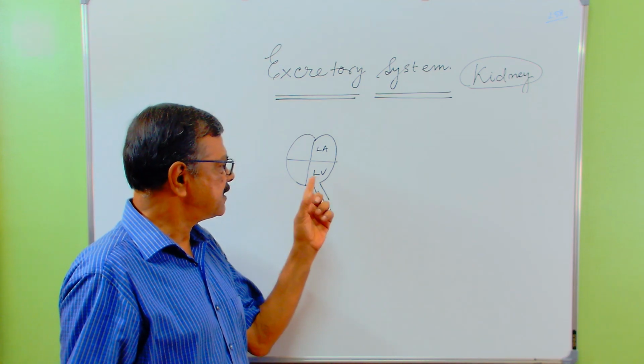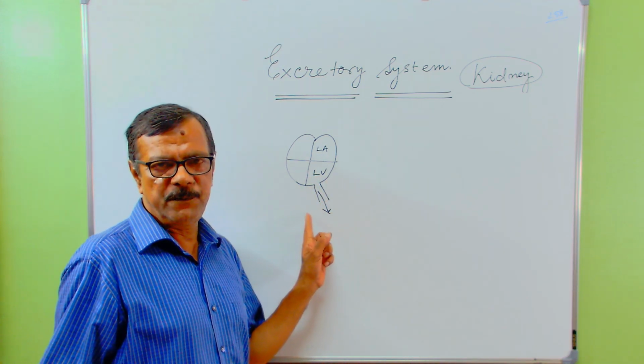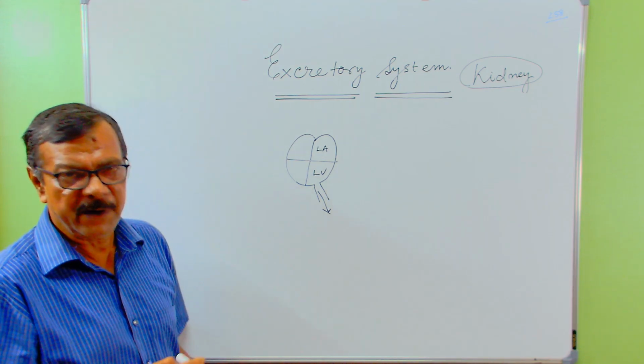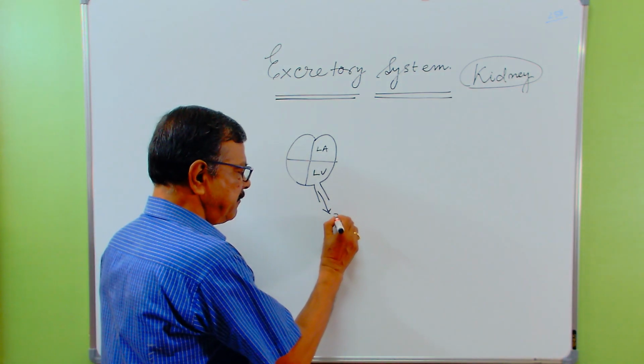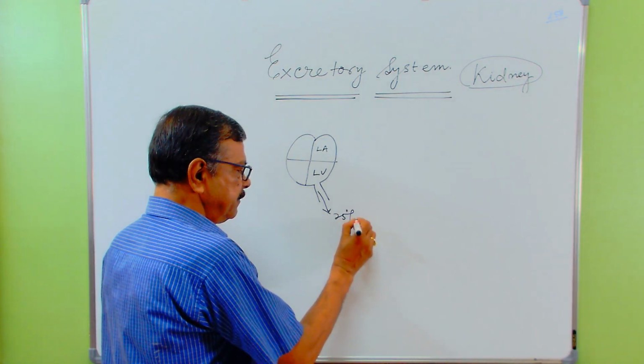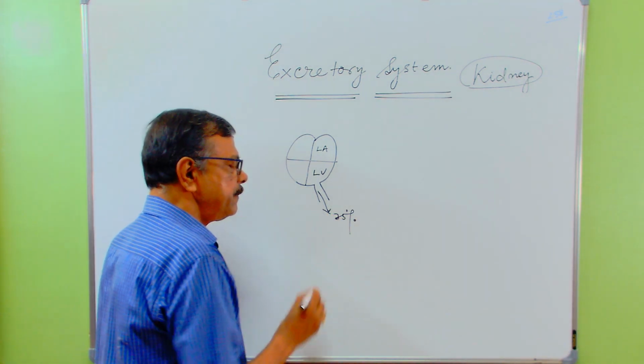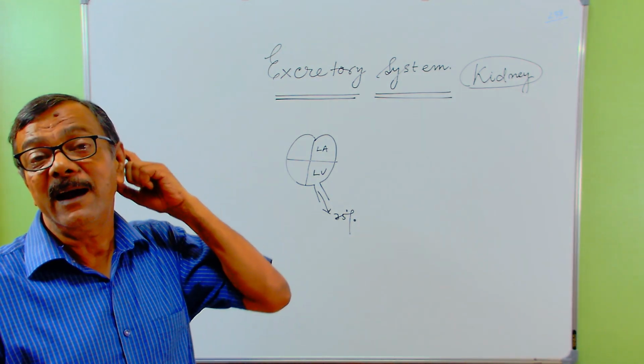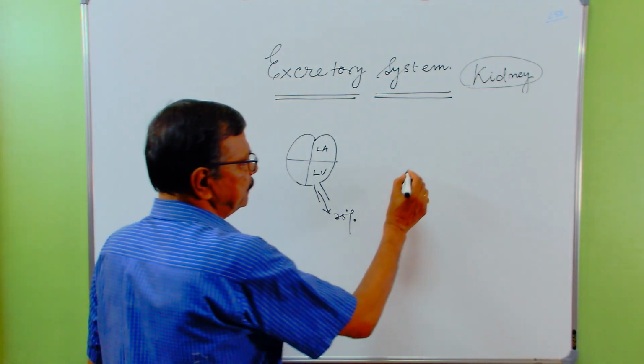Now, this is the left ventricular output. 25% of this left ventricular output goes to the kidney through the renal artery. How?